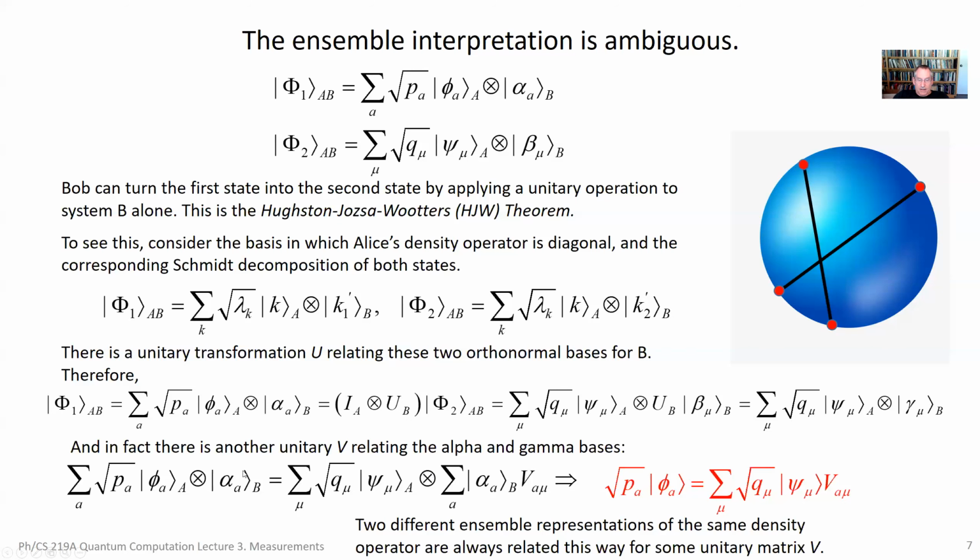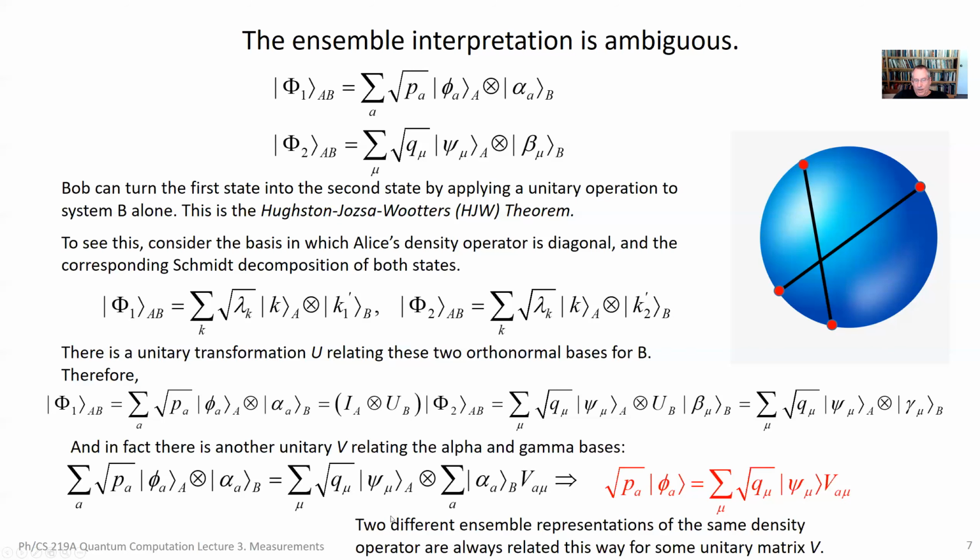So I can write phi1 either this way, where if we measure in the alpha basis, we'll prepare the state phi A with probability PA. But here I've expressed it in terms of the alpha basis just by including the unitary that rotates the gamma basis to the alpha basis and including the matrix elements of the VA mu's. And so here we have two different expansions in terms of Bob's alpha basis, and they have to agree because they're two ways of expressing the same state.